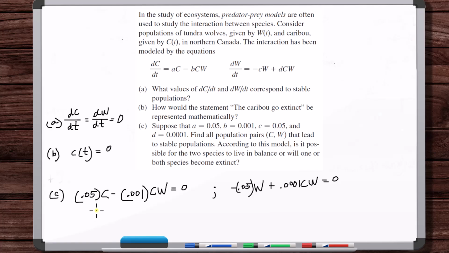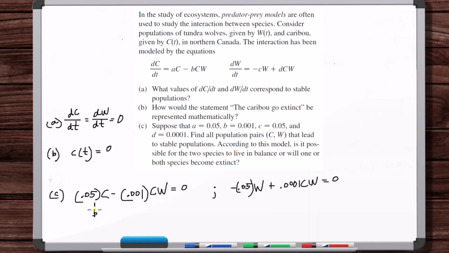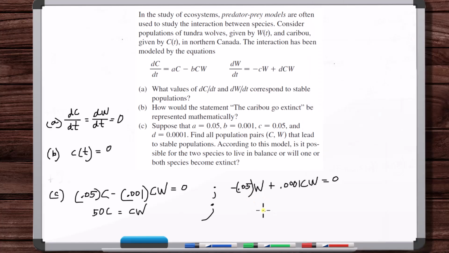To get rid of these decimals, let's divide this entire equation by 0.001. 0.05 divided by 0.001 is 50. So we've got 50C is equal to CW. And then here, 0.05 divided by 0.0001 is 500. So 500W is equal to CW.